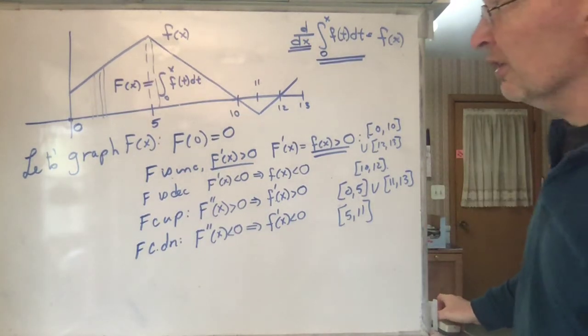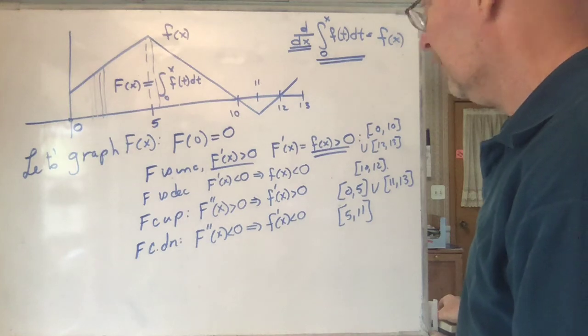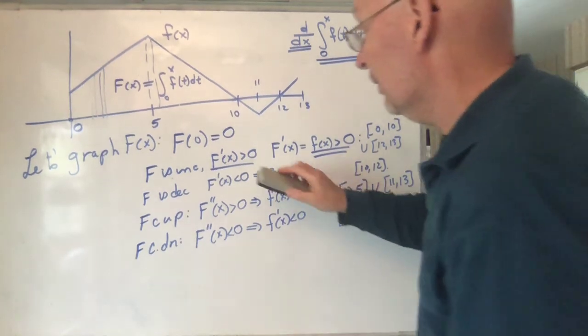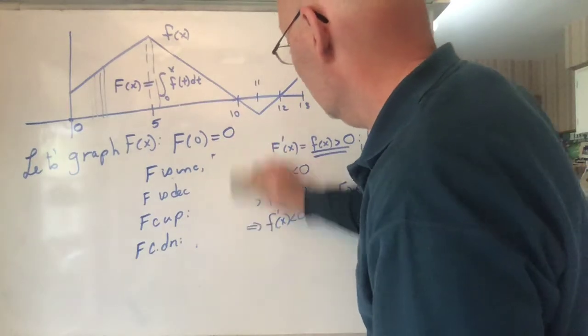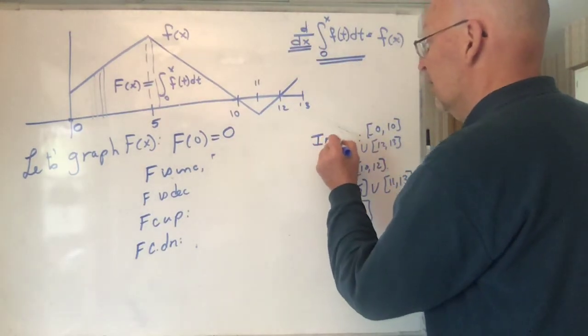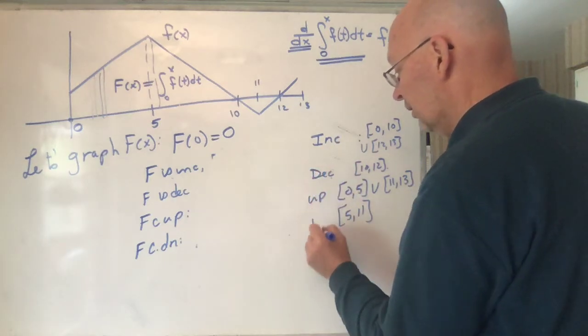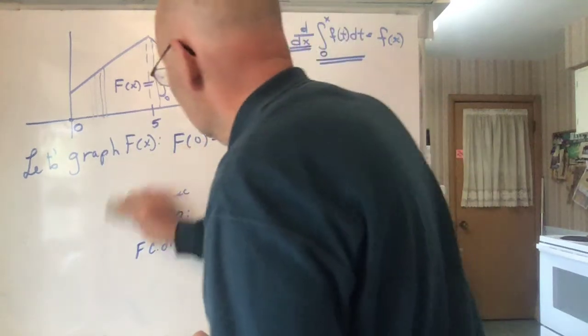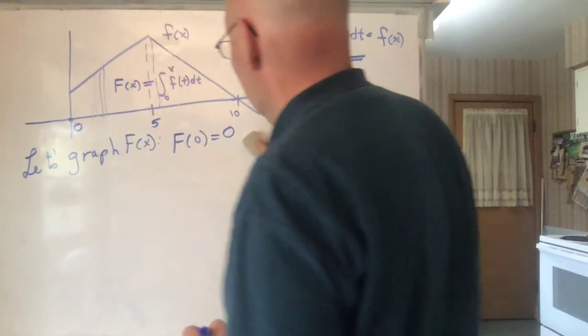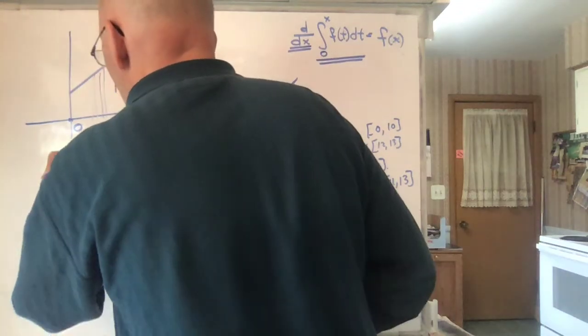So now, unfortunately, I didn't leave myself any room. Let me get rid of all this stuff and just put in increasing, decreasing, concave up, concave down. Okay? And we recall that f of 0 is equal to 0. So what's it going to look like?